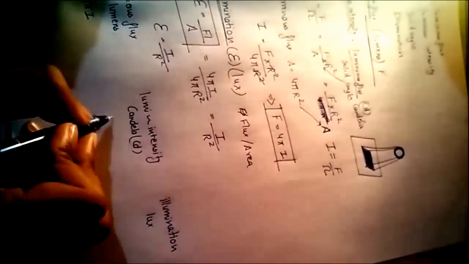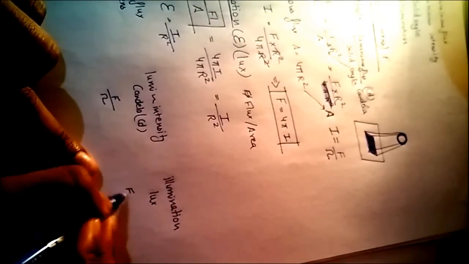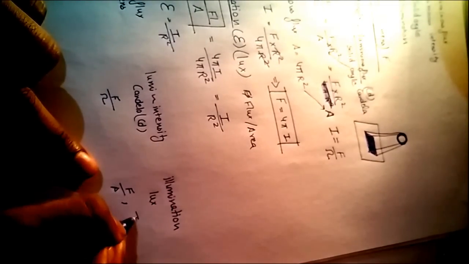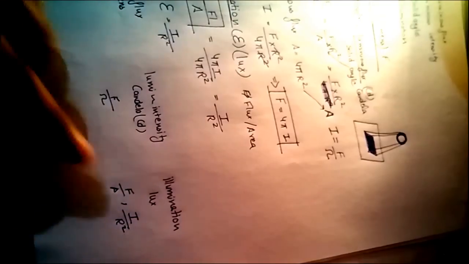Formula for luminous flux is 4 pi I. Luminous intensity is flux upon omega. Illumination is flux upon area, or I upon R square. So its unit will be sometimes lumens per meter square, or candela per meter square.